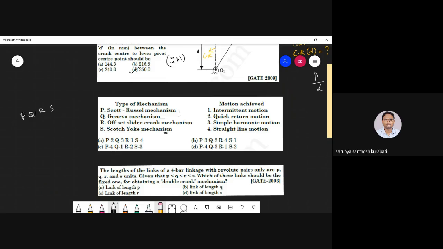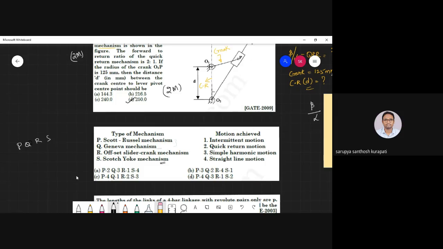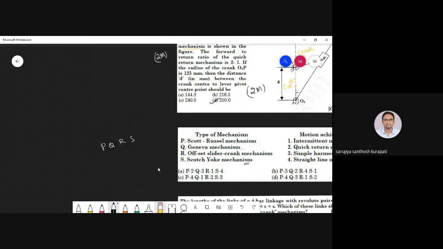Okay, offset slider crank mechanism. Offset is nothing, it's the single slider crank mechanism, right? In the single slider crank mechanism, the line of action of the slider, suppose this is my slider motion, and they are going to place your crank at some end.